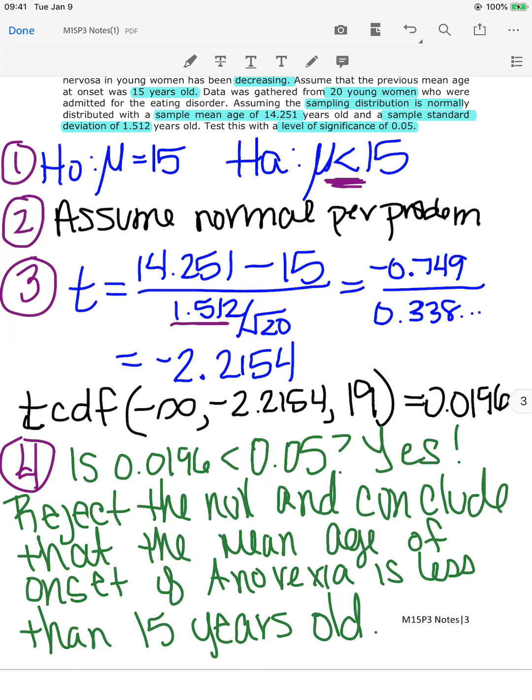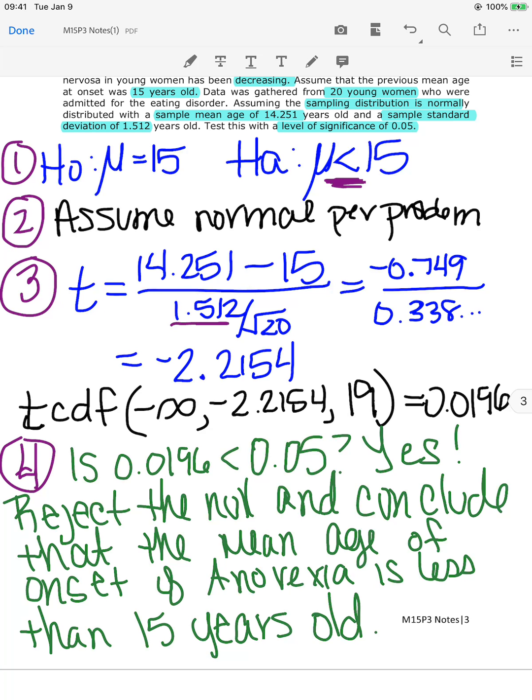All right. So here's our first hypothesis test for a mean. Write out your null and alternative. Look at whether the problem told you it's normal, or make sure you have a large enough sample size. Calculate the t-value.